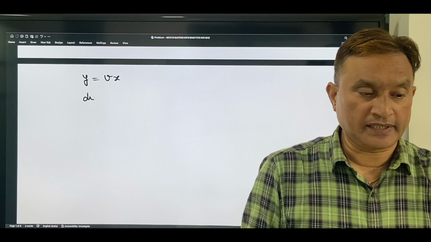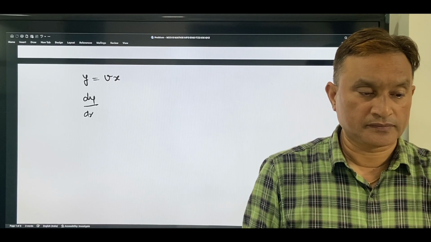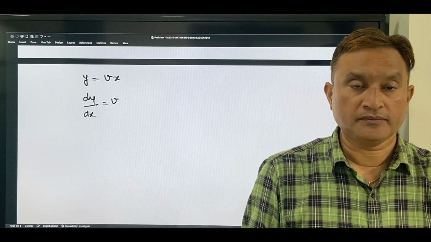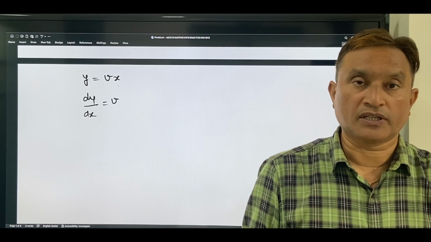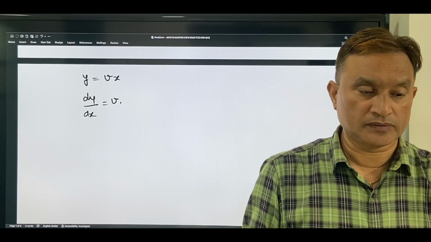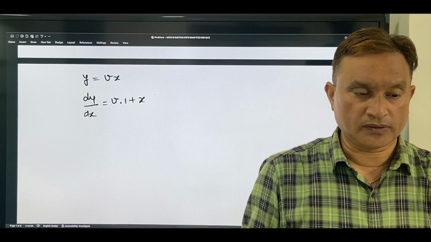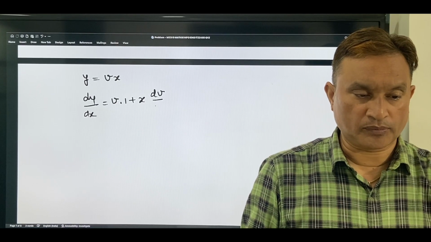So dy by dx equals v, we will apply the product rule. So v into 1 plus x into dv upon dx.